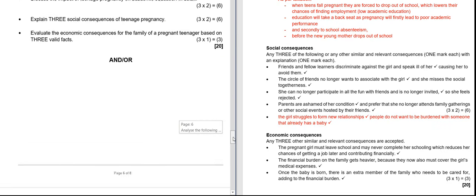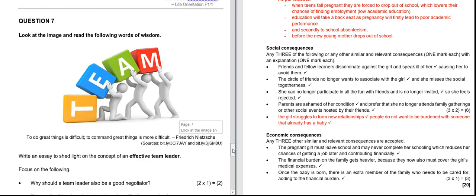So we move on to the next part, whereby we now have question 7.